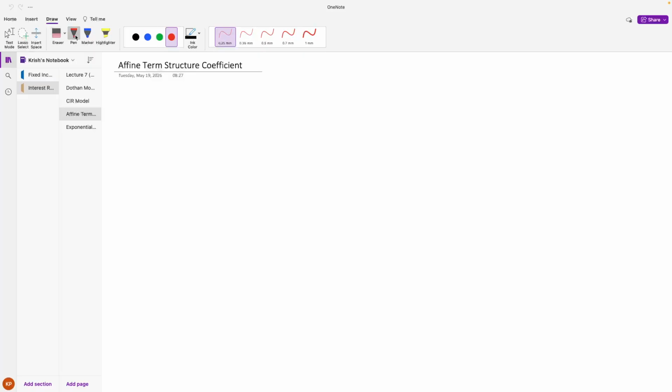And then what I want to talk about here is that we have two models now that are part of the affine term structure family. We have Vasicek and we have CIR. Okay. And just to go ahead and briefly overview what Vasicek was again, I know I talked about this before, but this will come up a lot later on.